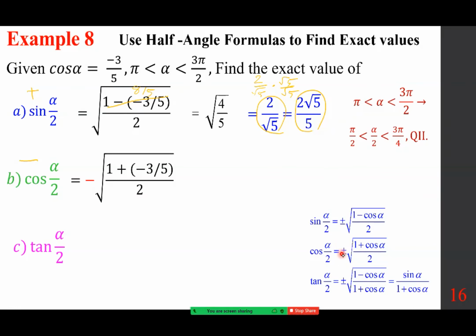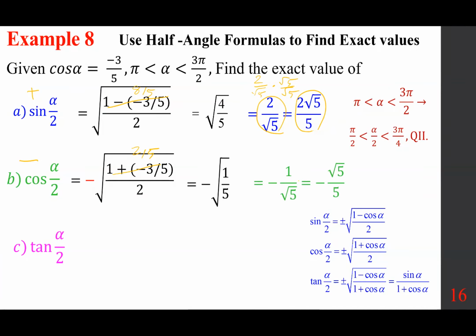So 1 minus 3/5 obviously is 2/5, divided by 2 makes it 1/5. And we are keeping the sign. So negative 1 over square root of 5. And again, right here, you can multiply by square root of 5 over square root of 5. And it gives you this answer.